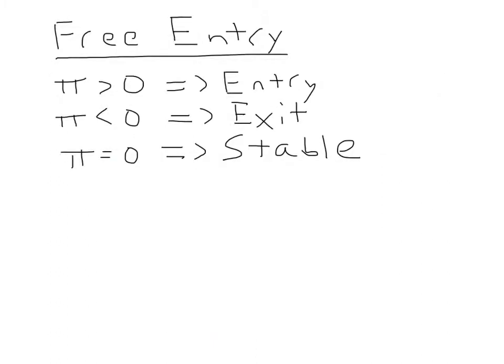Since there's free entry, in the short run there can be profit, but it will induce entry, and if in the short run there's losses, it'll induce exit. So in the long run, we're going to have a zero profit condition for stability, just like we did in the perfect competition case. Stability requires that there will be entry or exit until we get to a point where there's zero profit.